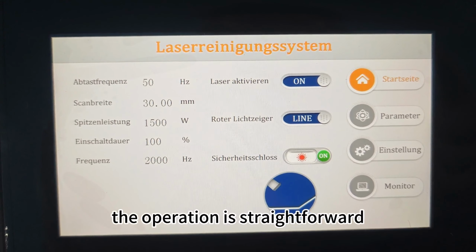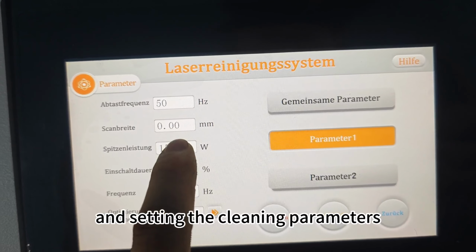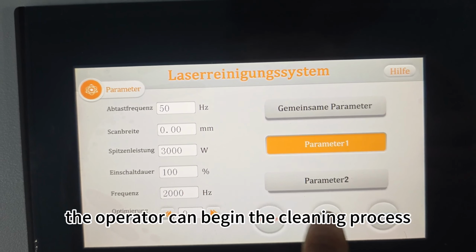The operation is straightforward. After powering on the machine and setting the cleaning parameters, the operator can begin the cleaning process.